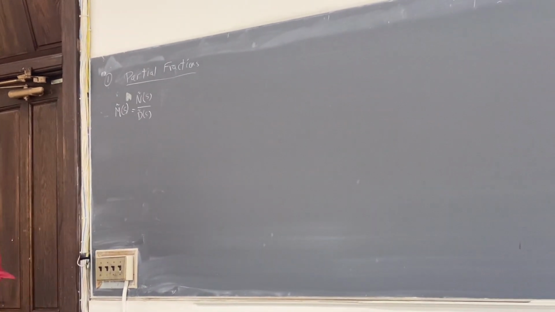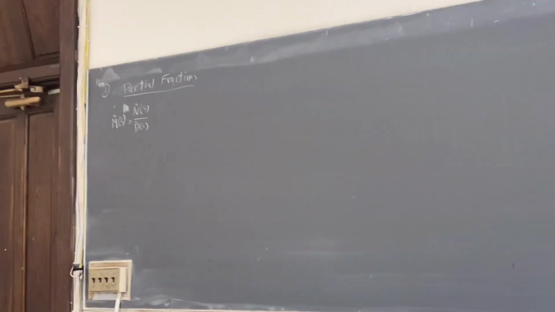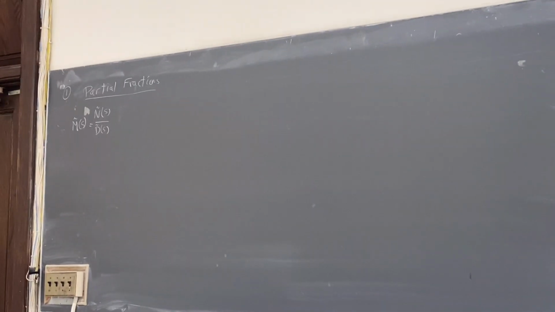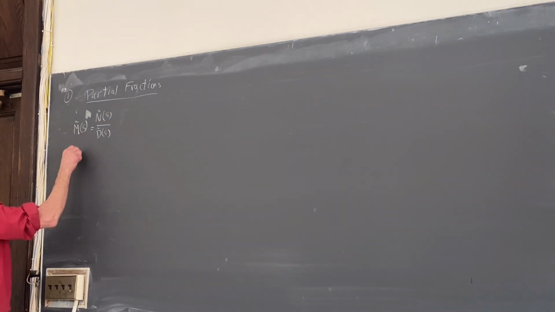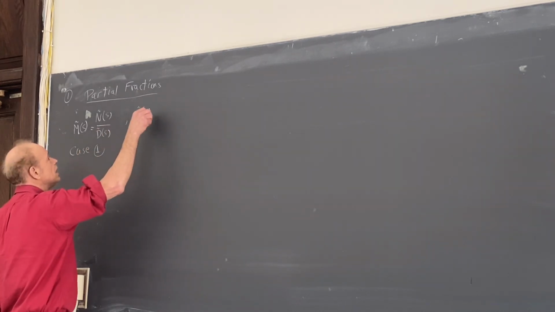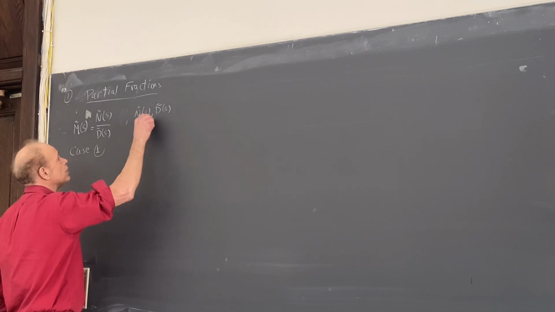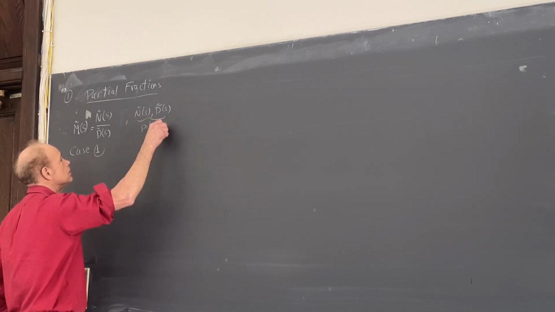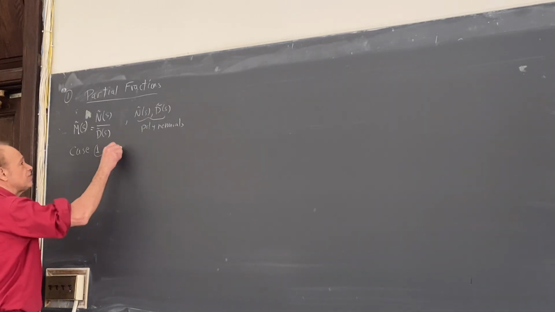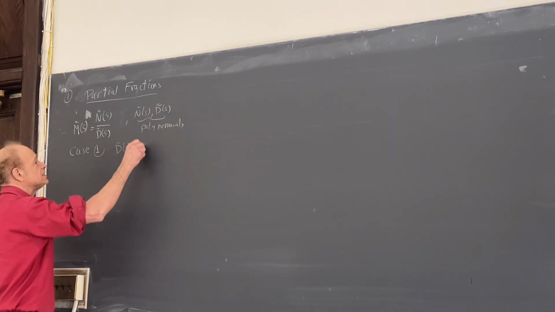So we have function m tilde of s, and we're assuming that it's the ratio of two polynomials, because that's what we typically get in this class, in these models. So I've got n tilde over d tilde, where n stands for the numerator and d for the denominator. And in case one, n tilde of s and d tilde of s are polynomials, and d tilde of s has distinct roots.